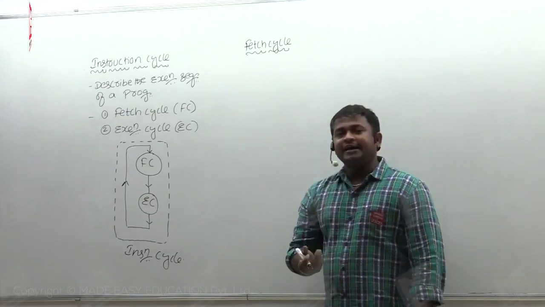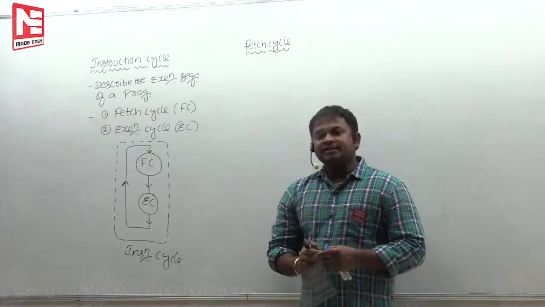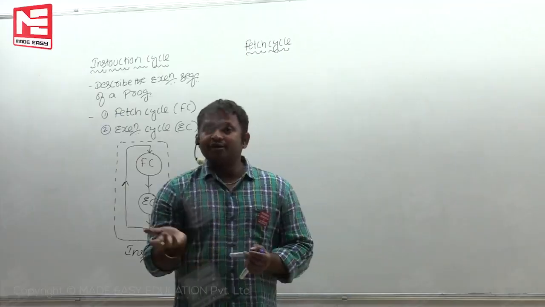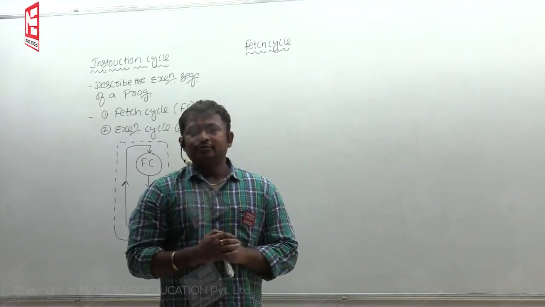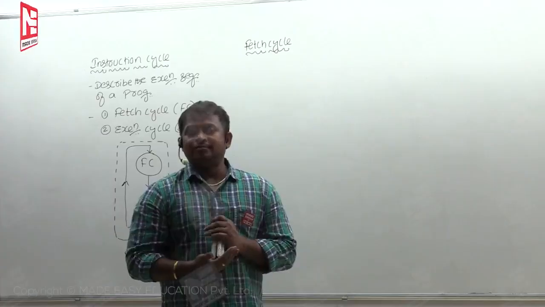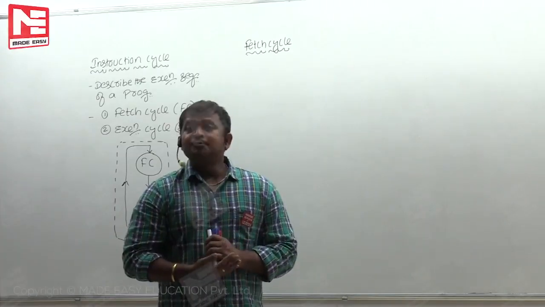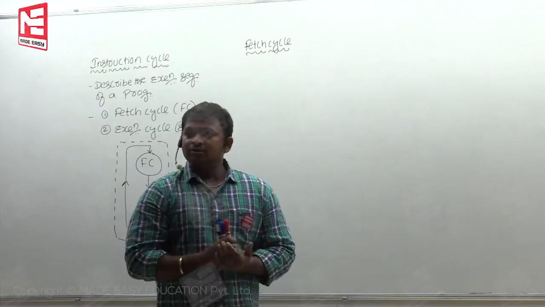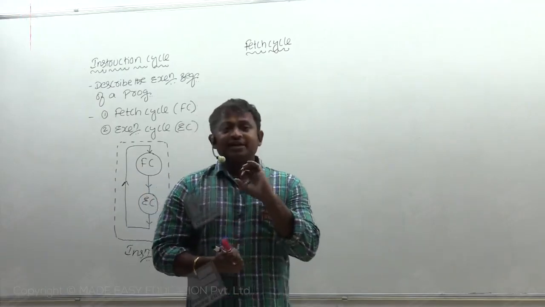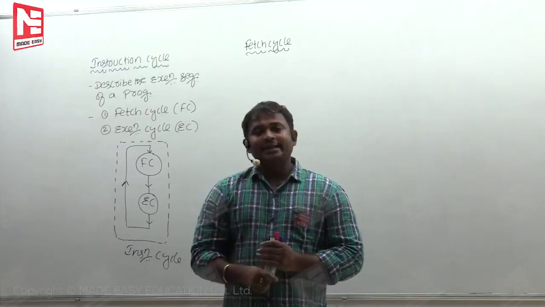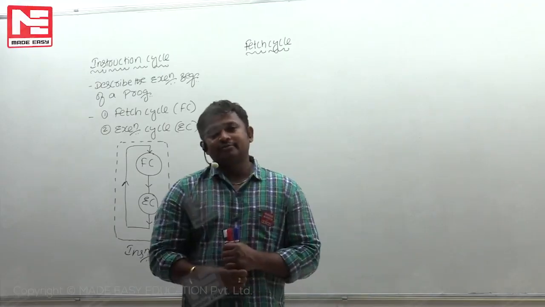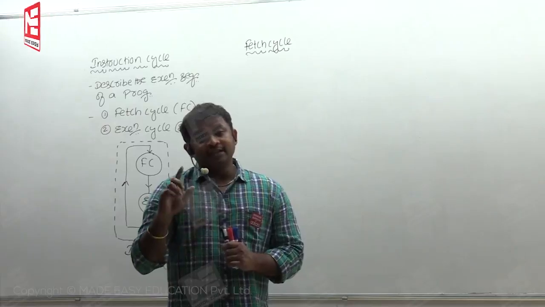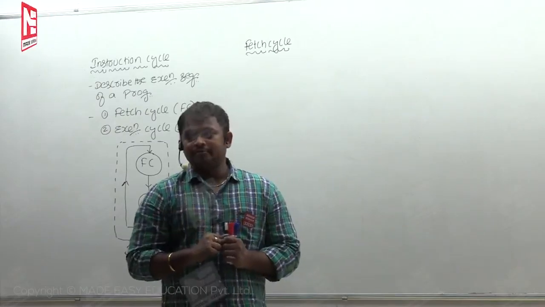Fetching is nothing but reading. In the fetch cycle, the CPU reads the instruction from the memory. So the objective of a fetch cycle is instruction fetch. But to fetch the instruction from the memory, an instruction address is required.